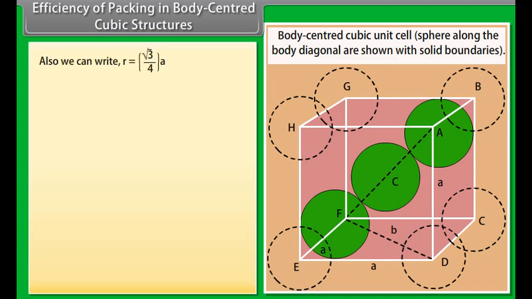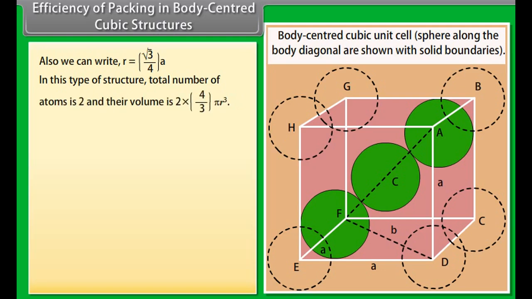Also, we can write R is equal to square root 3 upon 4 A. In this type of structure, the total number of atoms is 2 and their volume is 2 into 4 upon 3 pi r cube. Volume of the cube, A cube, will be equal to (4 upon square root 3 r) cube.